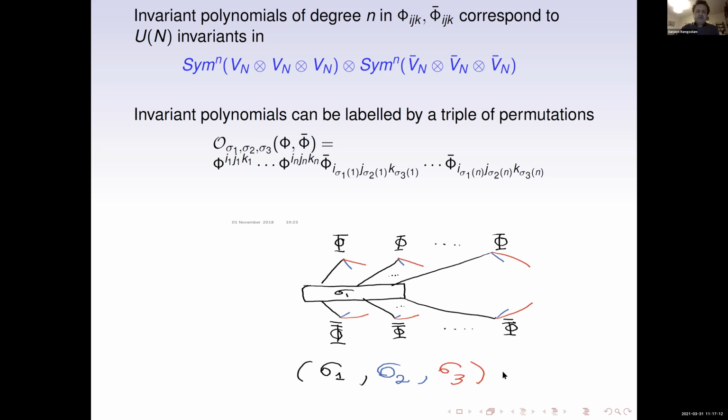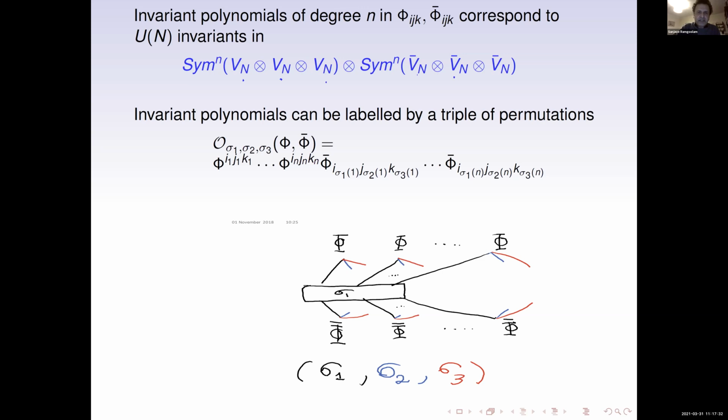So there is a way to build these invariants. We want things that are invariant under the U(N). There's one U(N) that acts here and here, another U(N) that acts here and here, and another U(N) that acts here and here. So you want U(N) cross U(N) cross U(N) invariants.